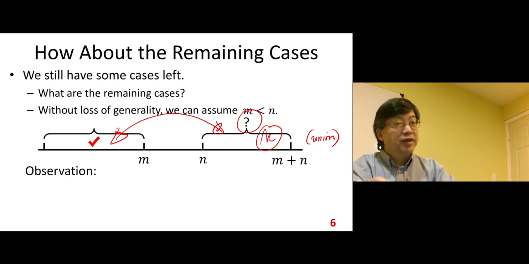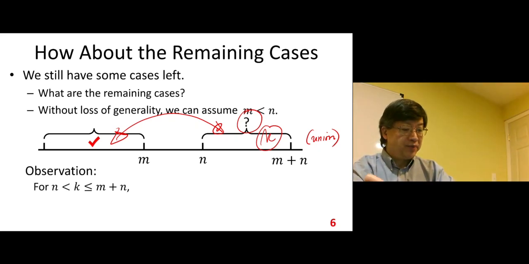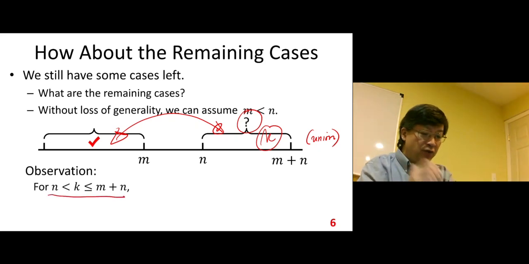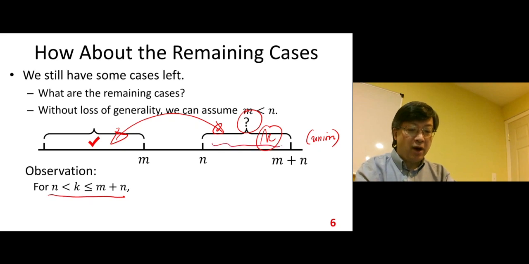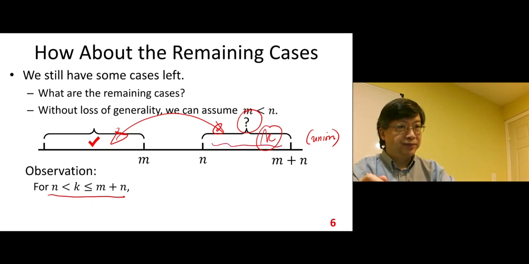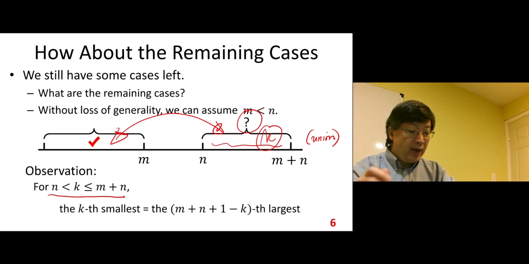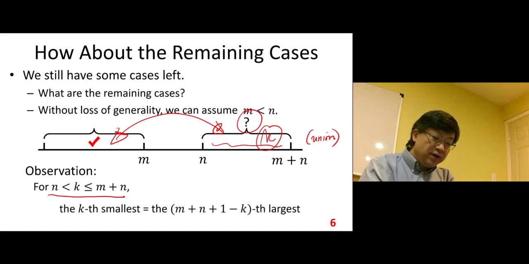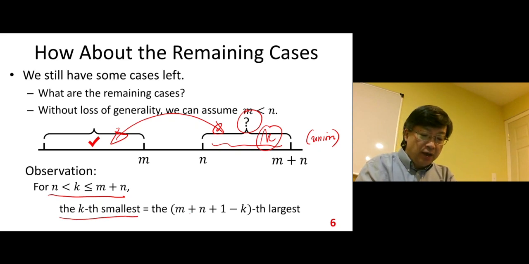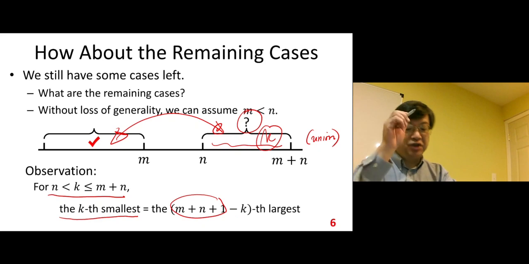The observation is like this. When k is in this range, can we convert the kth smallest element to the m plus n plus 1 minus kth largest?